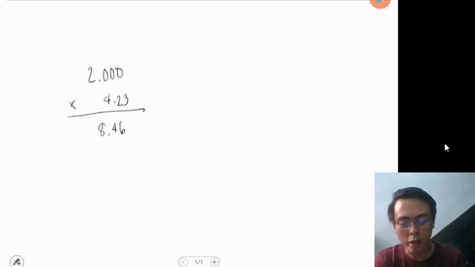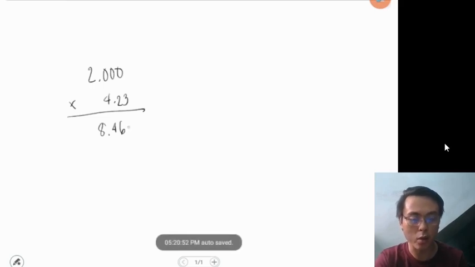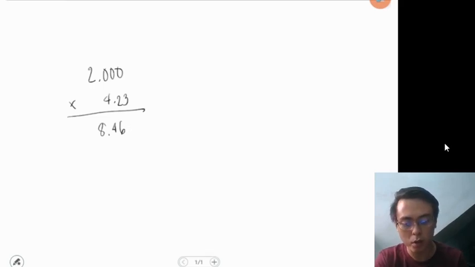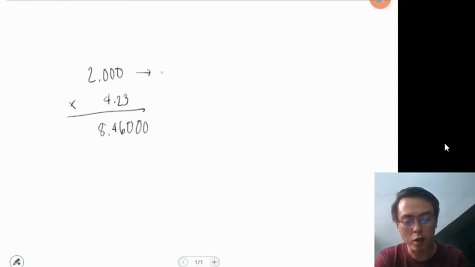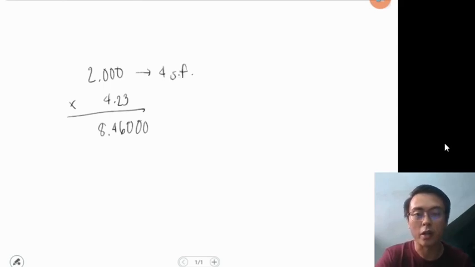We can have the answer 8.460000, no? Because we have 3 zeros in your given. Now, you simply count the number of significant figures. For the first one, you have 4 significant figures because all of these zeros are counted as significant because they are to the right of the decimal place.